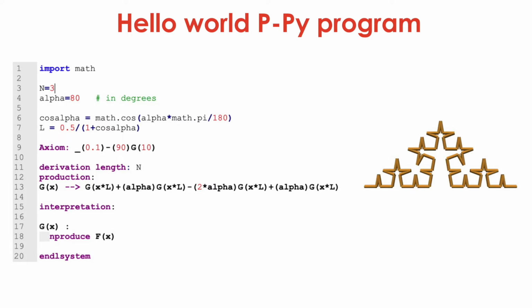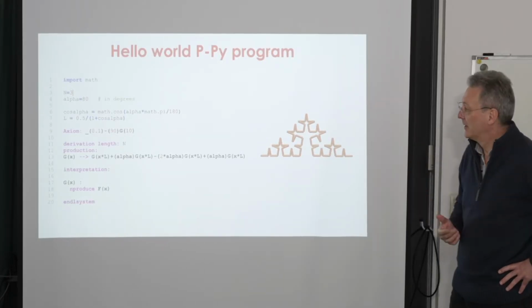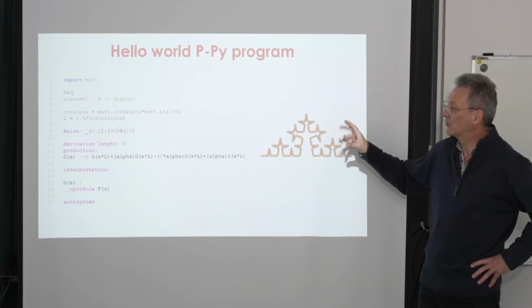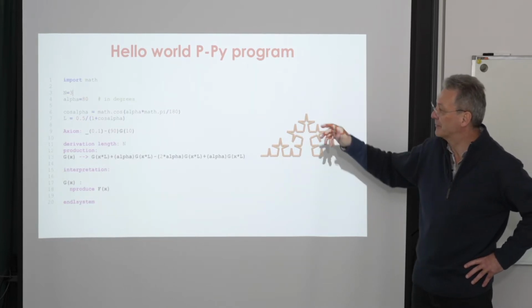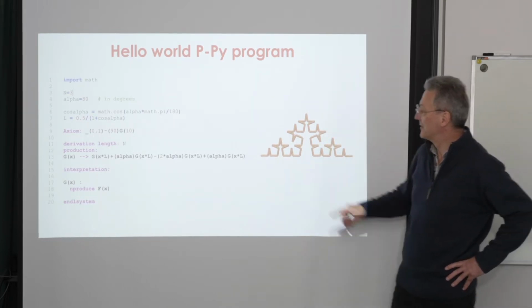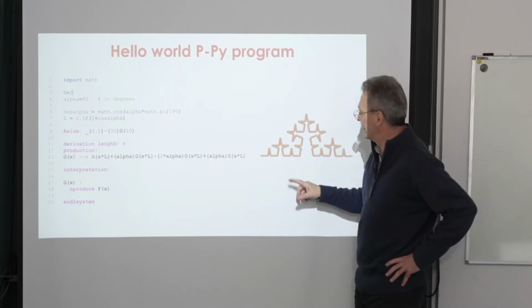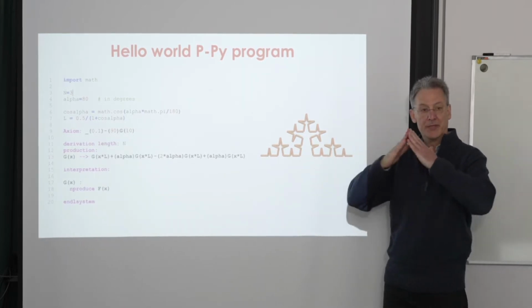So I just wanted, in order for you to manipulate at least once, so that you are able to reproduce this on your own, to give you a small program. This is the Hello World program that I improved a bit. It's this von Koch fractal, but I improved it so that I can parameterize the opening angle.